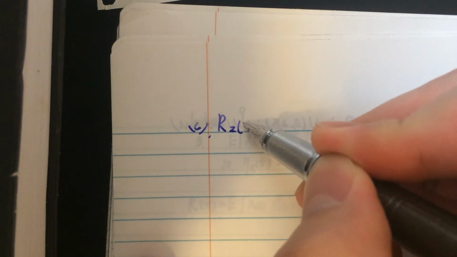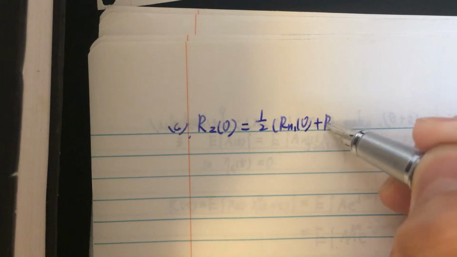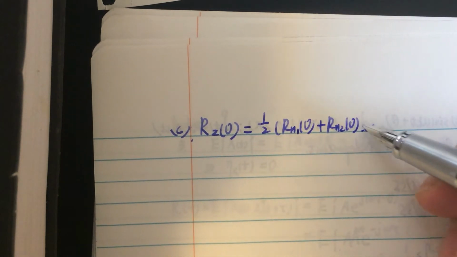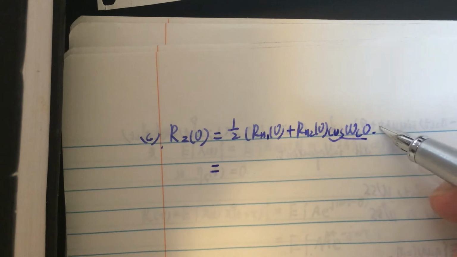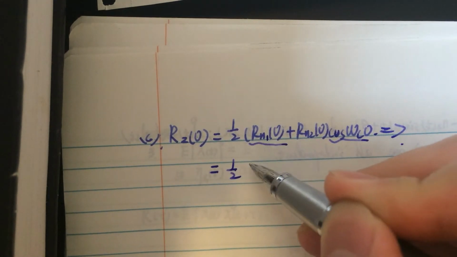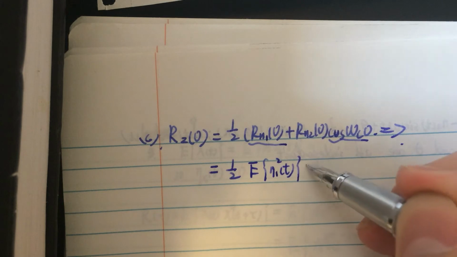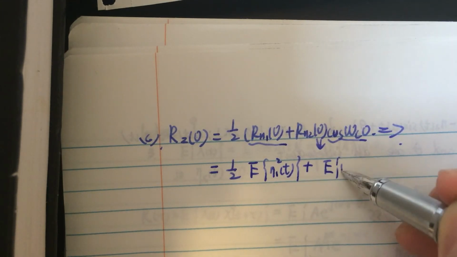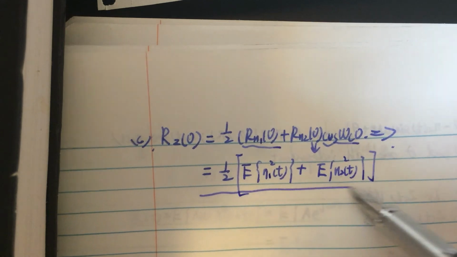And for the third question, he wants us to calculate R_Z of 0, and it will be 1 over 2 times R_n1 of 0 plus R_n2 of 0, times cosine omega c 0, and since this is equal to 1, it will be 1 over 2, and this one will be E of n1(t) squared, and this one will be E of n2(t) squared. So the final result is this one.